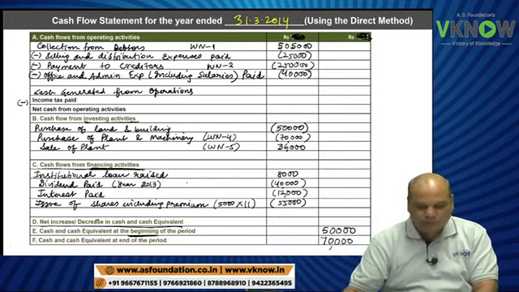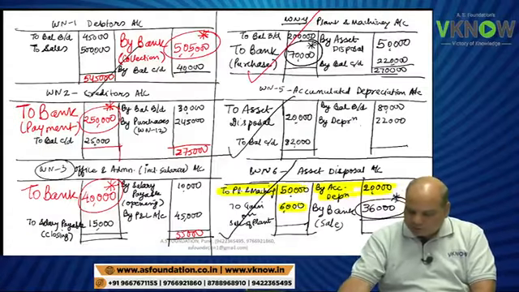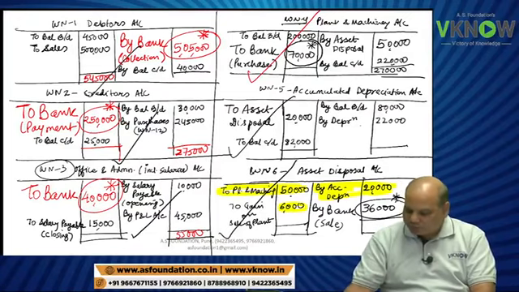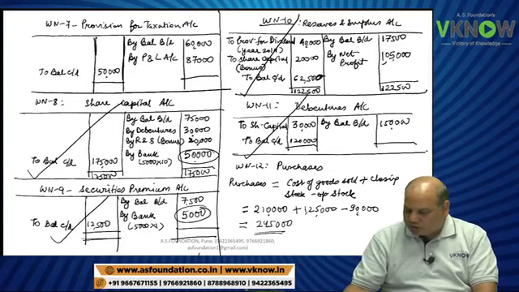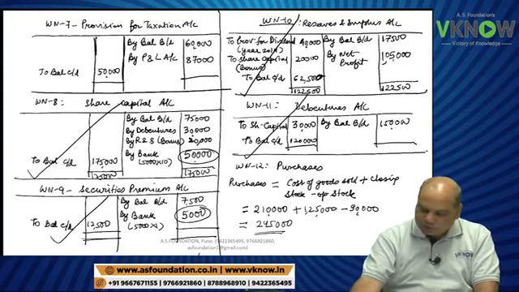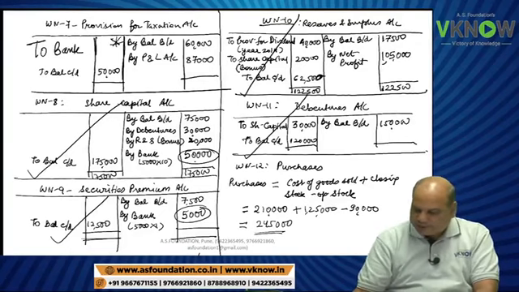Very good. So this is my working note number 1, 2, 3, 4, 5, 6 closed. And working note number 8, 9, 10, 11 is also closed. So only pending is working note 7, to bank.